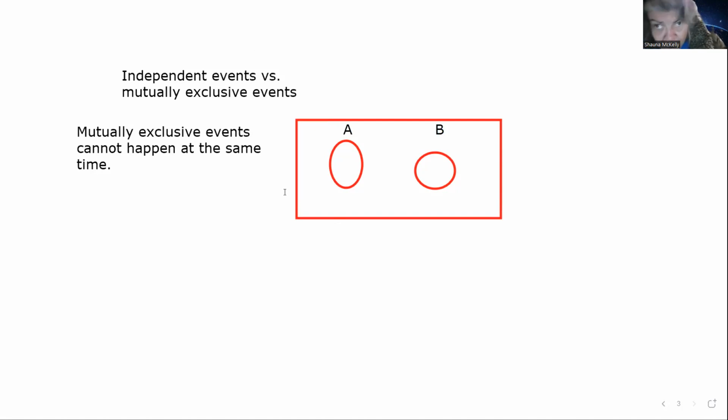All right, now independent events aren't focusing on the sample spaces. They're focusing on how likely one event is versus the other, and whether the probability of one happening makes the other event more likely.